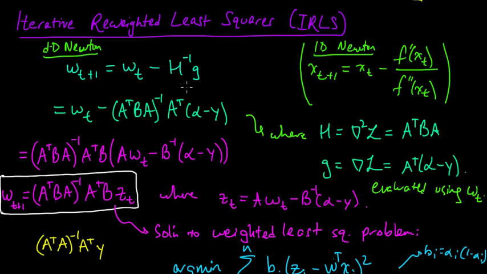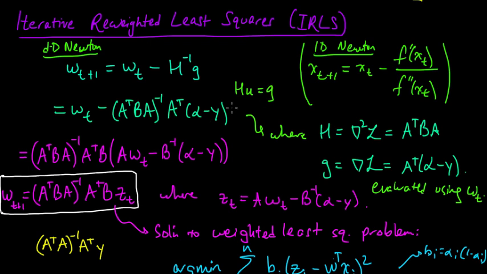Instead of inverting H directly, you might want to solve Hu equals g for u, and then use w_t minus u, for better numerical stability and more efficiency.